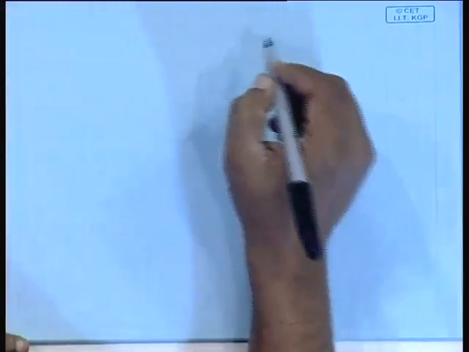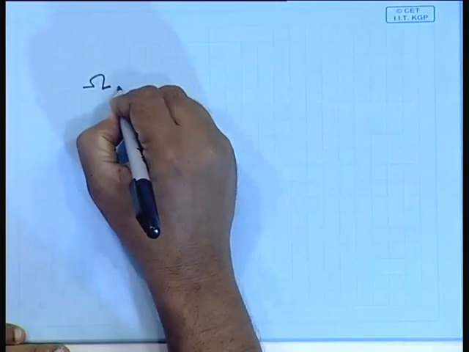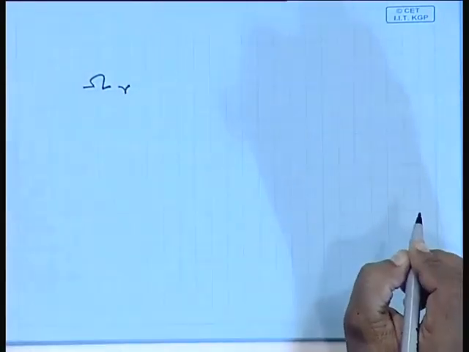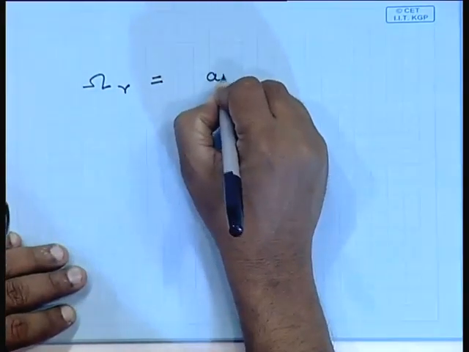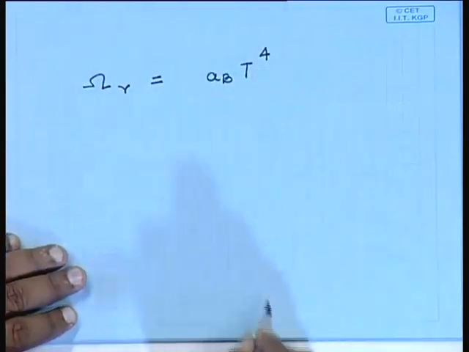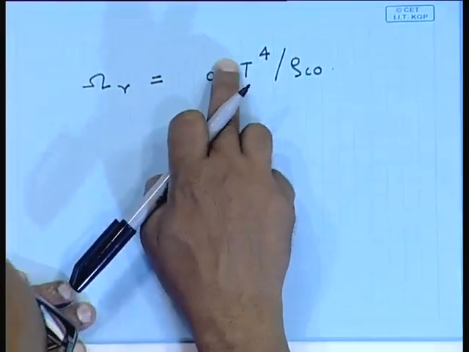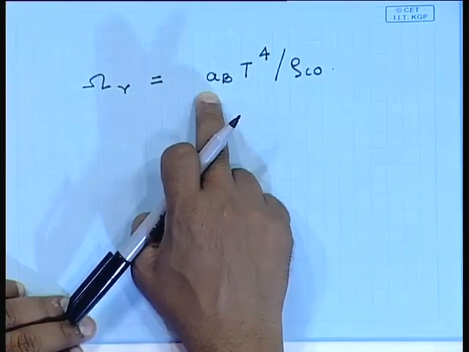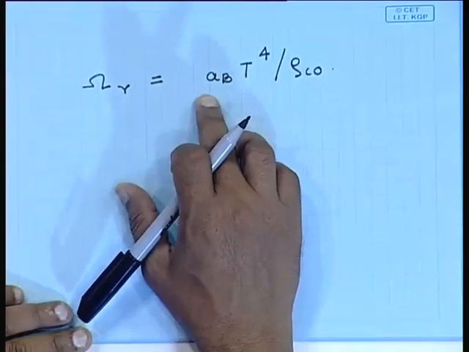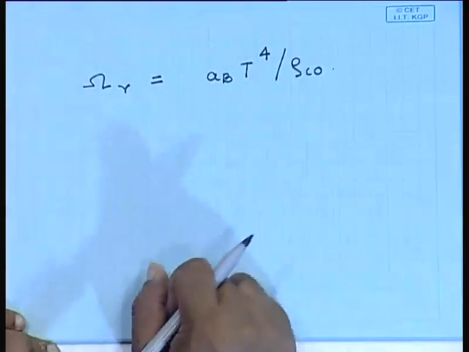So for the photon fluid we have worked out what omega photon is, and this is basically the Stefan-Boltzmann constant times T to the power 4 divided by the critical density of the universe, where we have expressed the Stefan-Boltzmann constant in kg per meter cube, instead of joules per meter cube, in terms of mass density by putting in appropriate powers of c square, and we have worked out this number.